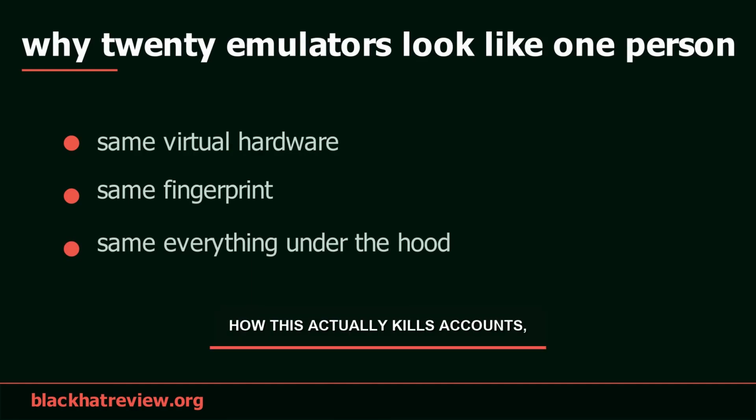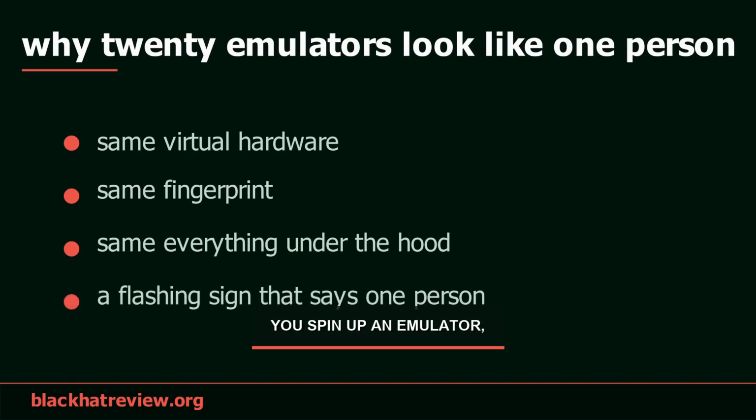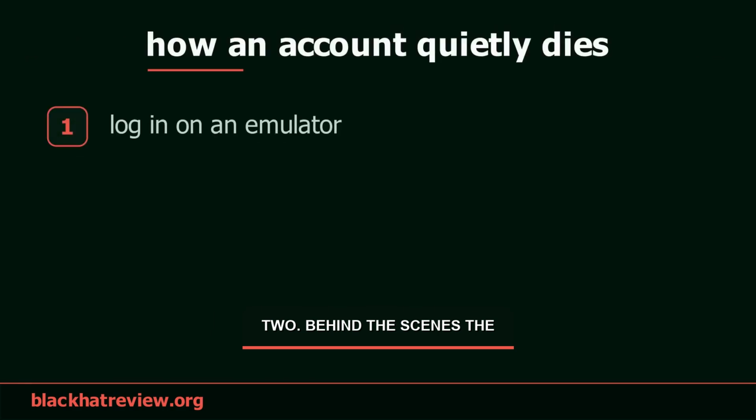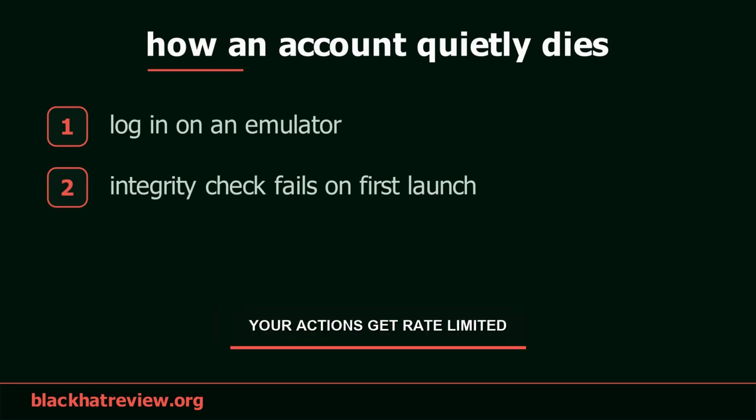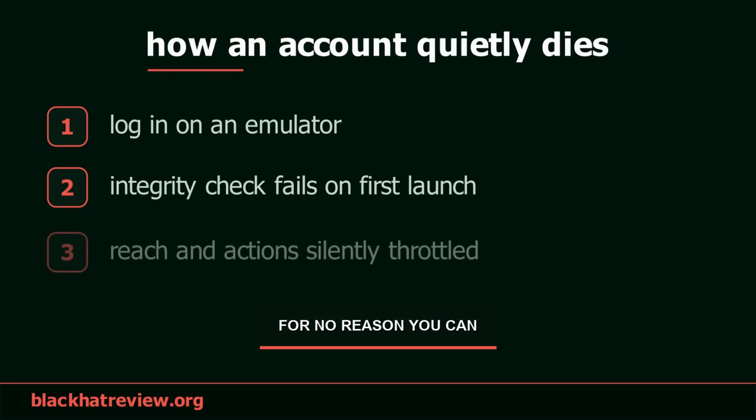Let me walk you through how this actually kills accounts, because it almost never looks like a ban at first. You spin up an emulator, you log in, everything seems fine for a day or two. Behind the scenes, the app ran an integrity check on first launch and got a fail, so it has already filed you under suspicious. Now your reach starts dropping, your posts go to nobody, your actions get rate limited for no reason you can see.